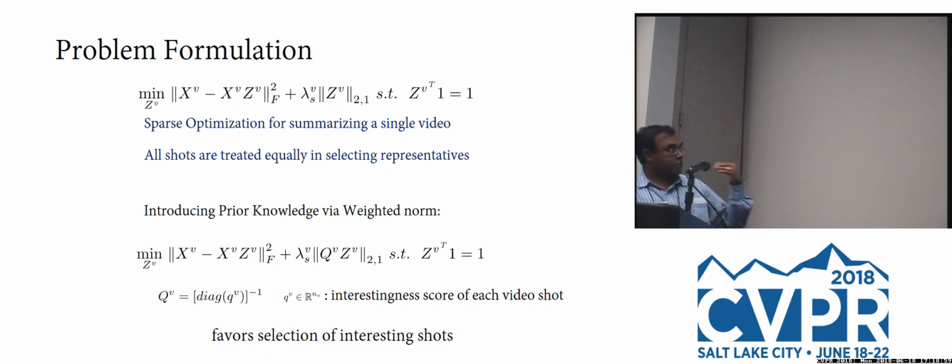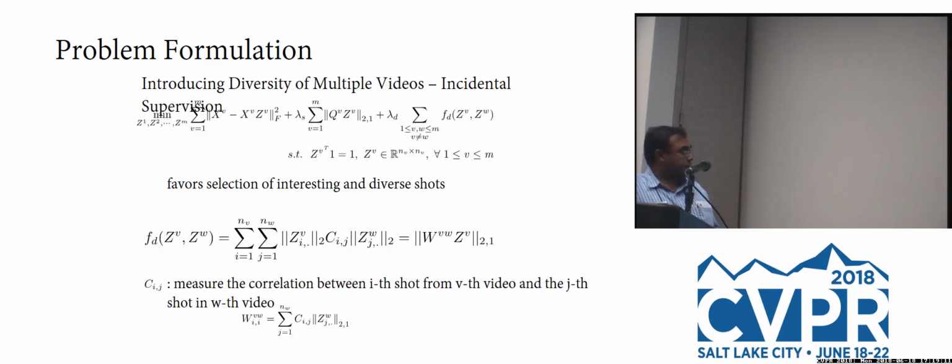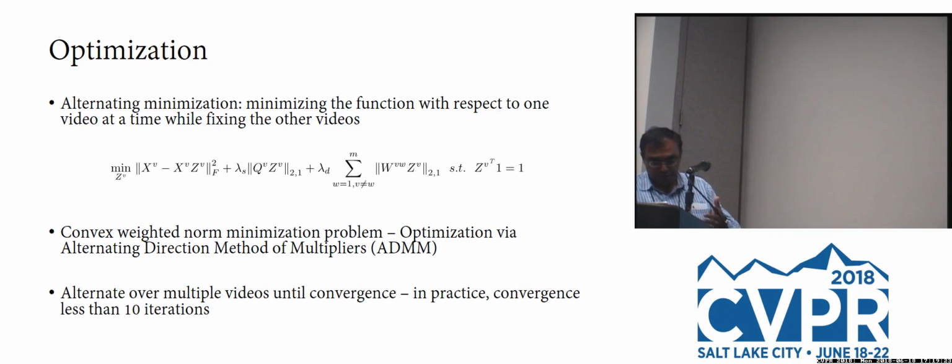These are aspects that you use in designing optimization functions. The basic reconstruction term and sparsity term could be used to design this optimization function, and the diversity term could be added if you want to reduce the similarity between frames from different videos.